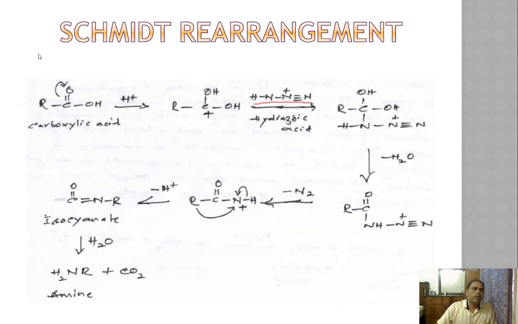So what is the mechanism involved? You're taking carboxylic acid here. So this is the carbonyl group. It has that electronegative oxygen, so the electrons are going to shift towards this electronegative oxygen. So that will become partially negatively charged, and you are using acid in this reaction, right?